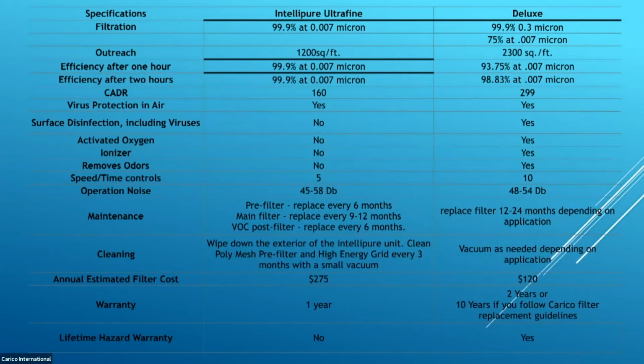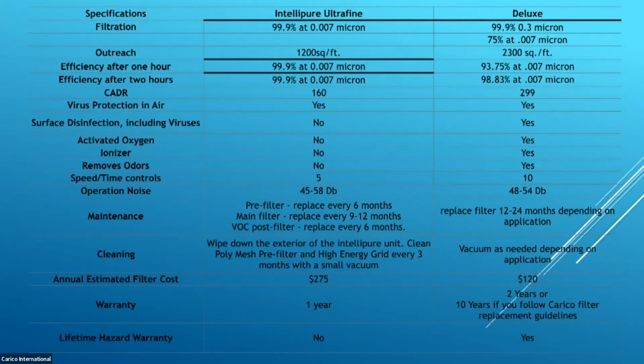Another feature that separates us from the IntelliPure unit is we have the ionizer. They do not. We get the benefit of that better physical and emotional health because of those positive negative ions. That sounds a little strange, positive negative ions, but it's worked, it's scientifically proven. We remove odors. We're effective at removing odors.